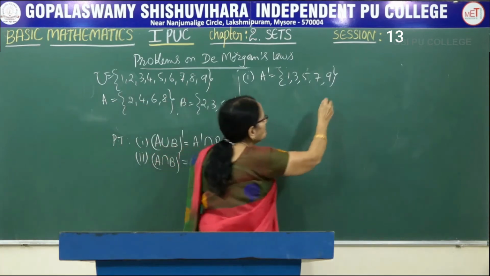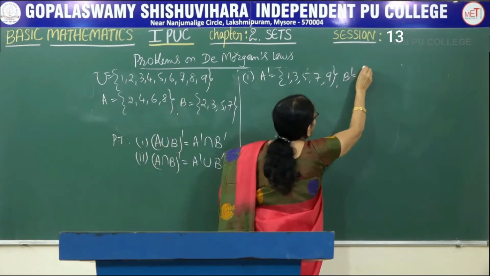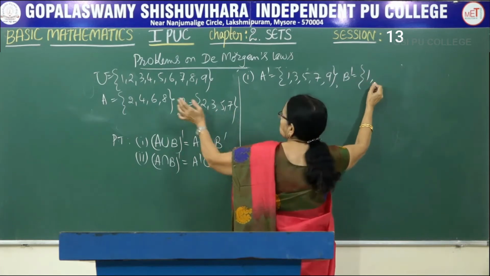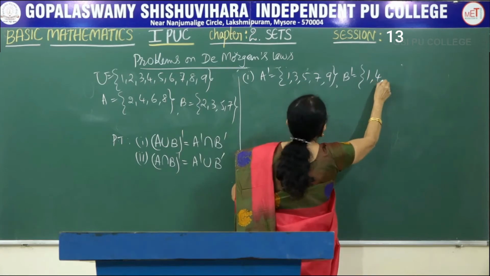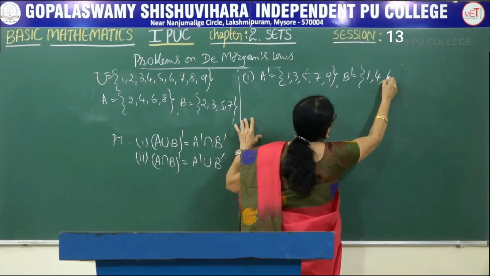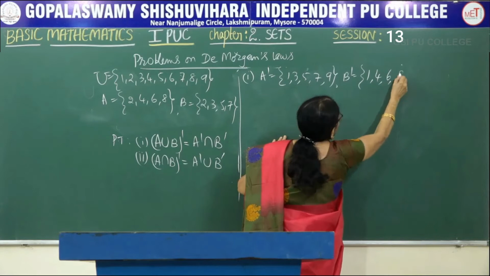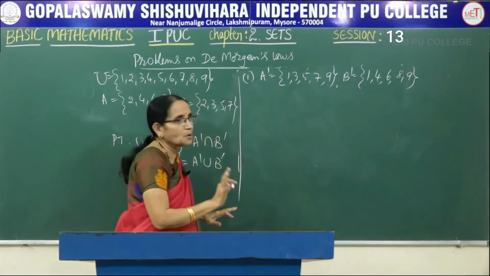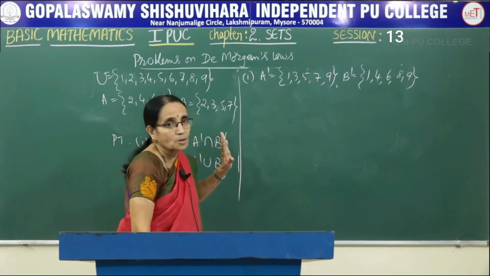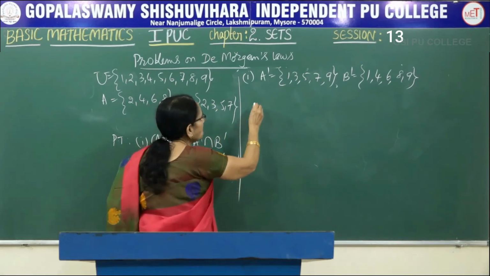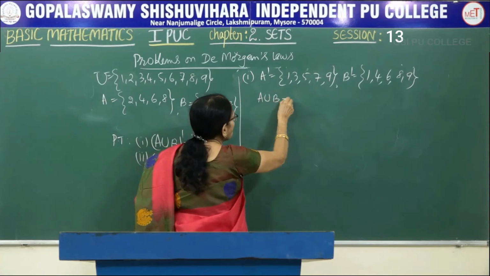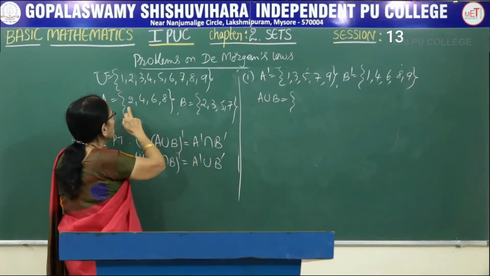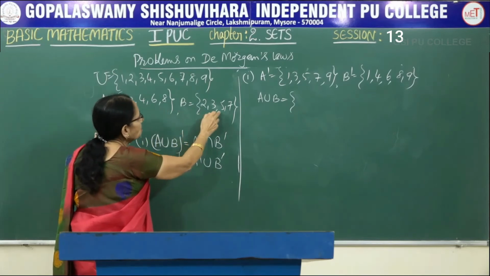Then find out B' also. B is 2, 3, 5, 7. So you can write 1, omit 2 and 3, then write 4, 5 is there, 6 and 7 is there, then 8 and 9. Observe, A' is having 5 elements, B' is also having 5 elements. We need A union B, that is combination of this one, we have to combine 2, 4, 6, 8, 2, 3, 5, 7.